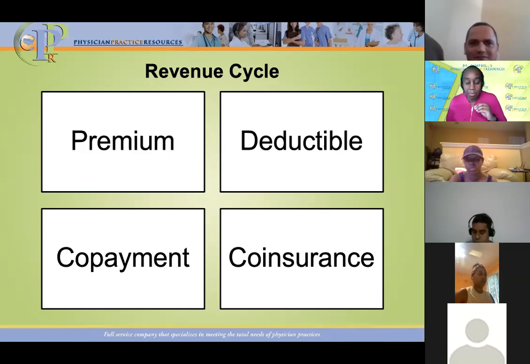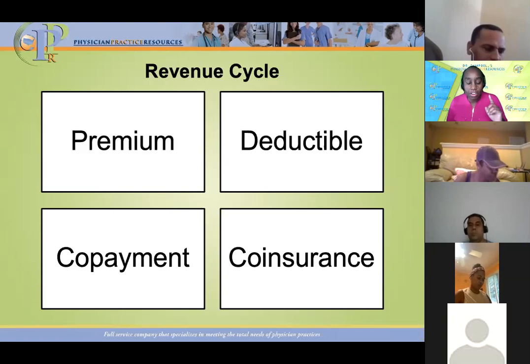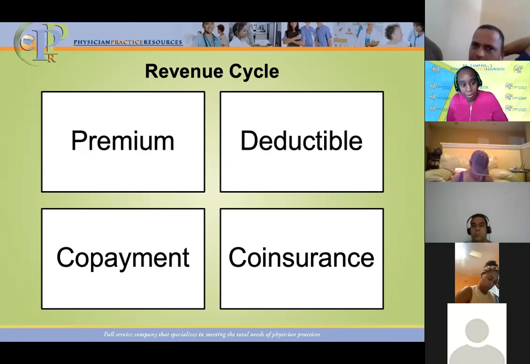Yes. So, for example, my deductible for my car insurance is $250. So that means my premium is higher every month. Why?